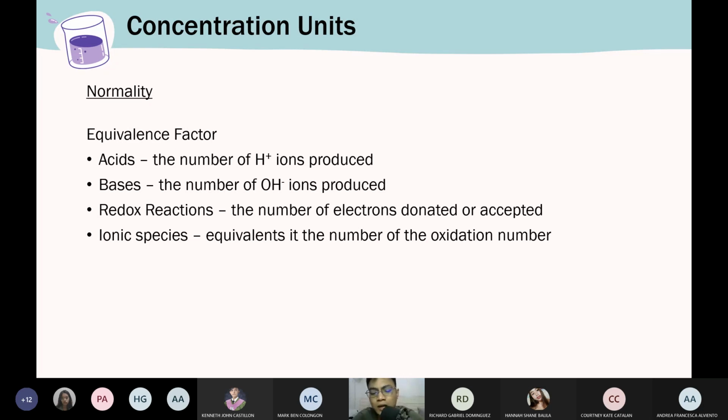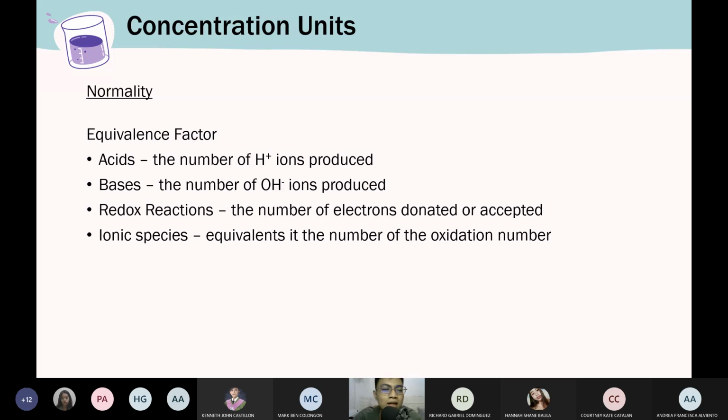That's why IUPAC doesn't recommend the use of normality anymore. Dati kasi ito yung ginagamit, especially in pharmacy, no? But IUPAC said na wag nyo na gamitin yan because it's so complicated. Kaya ang suggestion ni IUPAC is to just use molarity.